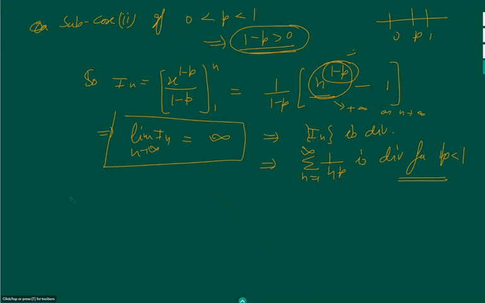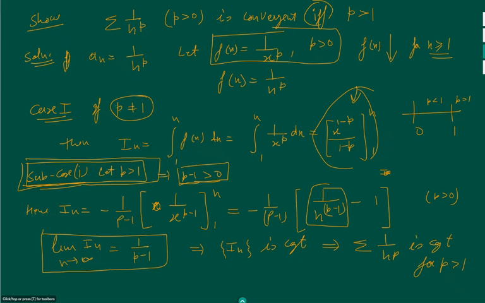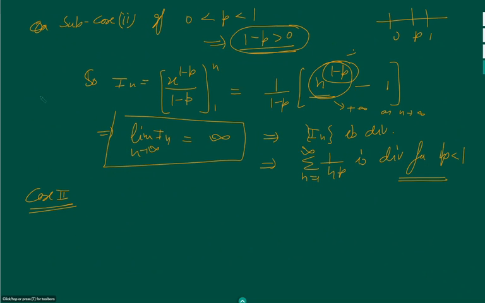And now remains the case when p is equal to 1. So we were considering the main case when p is not equal to 1, and now we will consider the case when p is equal to 1. Then our f(x) would be just 1 over x, because f(x) was 1 over x raised to power p, but p is 1.